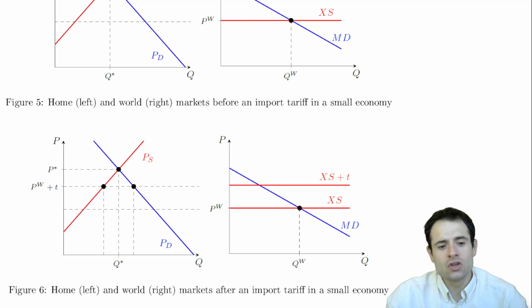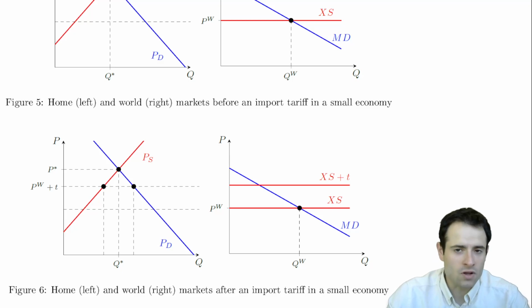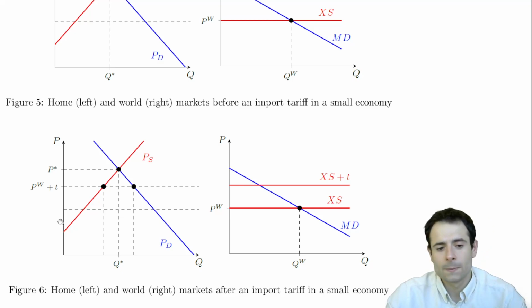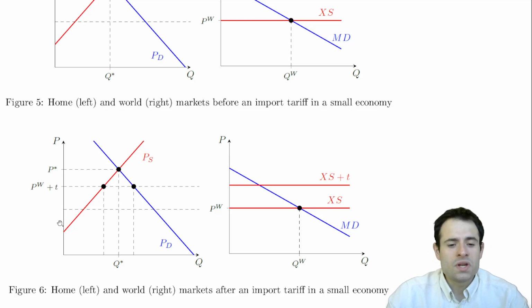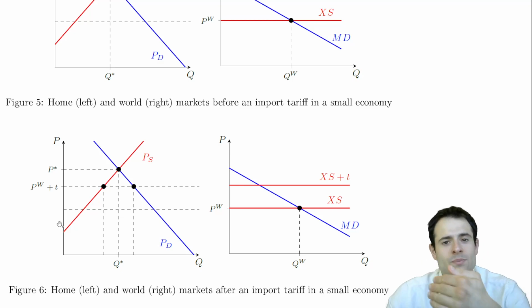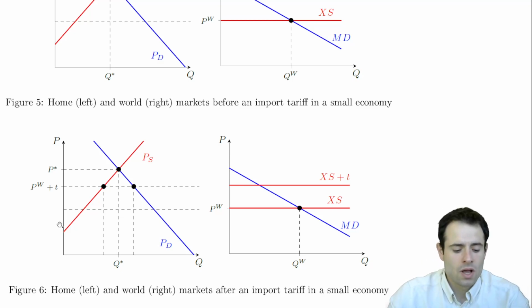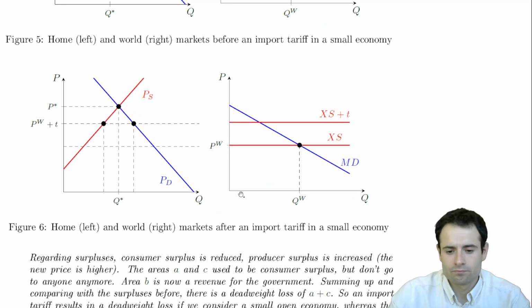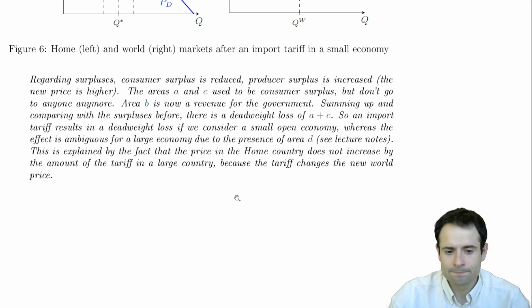And so their surplus is going to increase. Finally, we need to take into account the government revenue. Now that the government is taxing imports, it is going to have a positive surplus. Let's look at it.